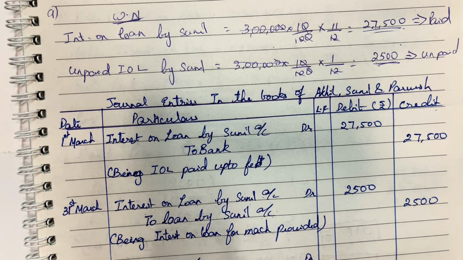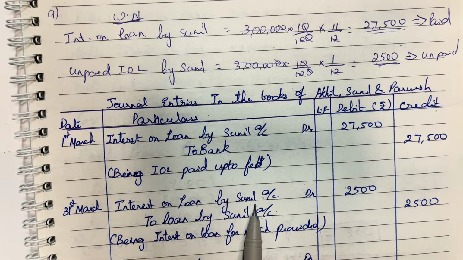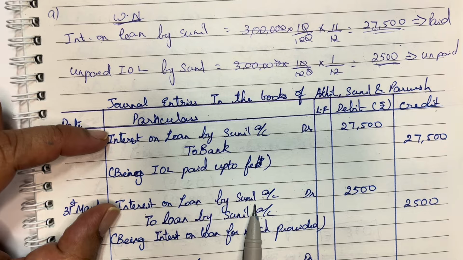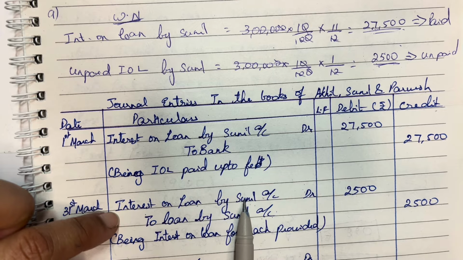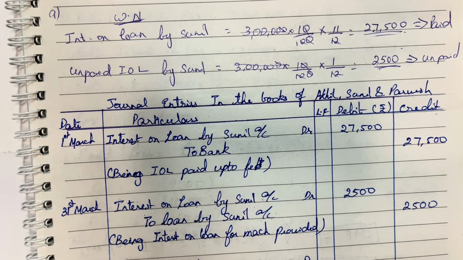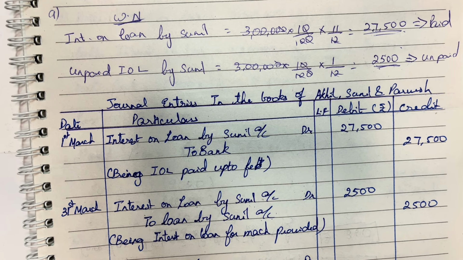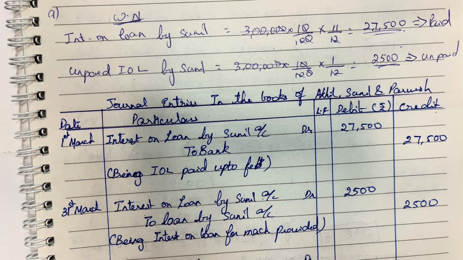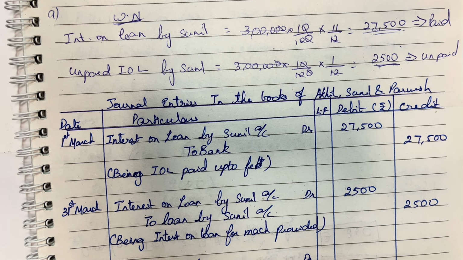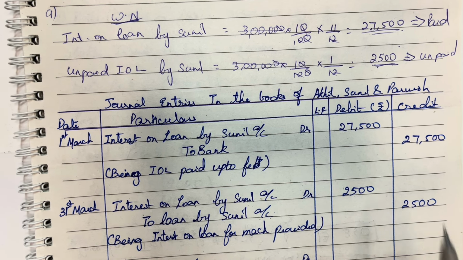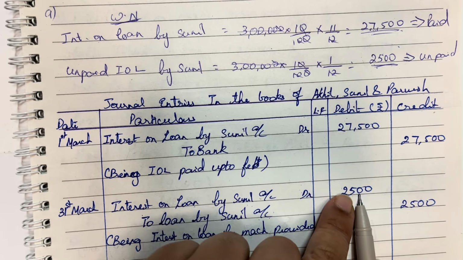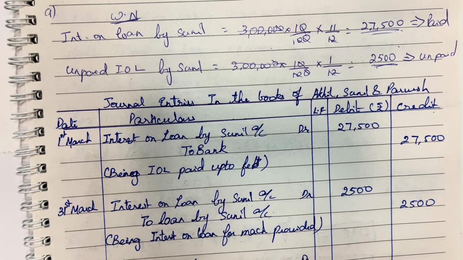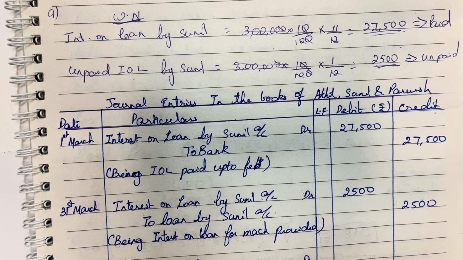To, can you see, interest on loan by Sunil, both the amounts are debited. So now when both the amounts are debited here, we'll credit it to interest on loan by Sunil account. 27,500 plus 2,500 would give us 30,000.